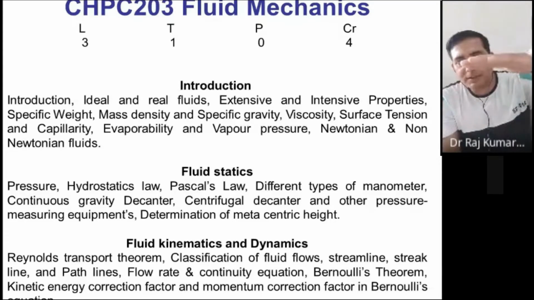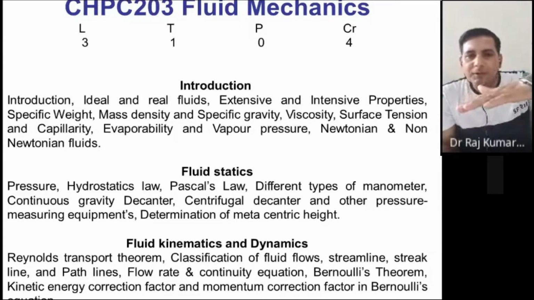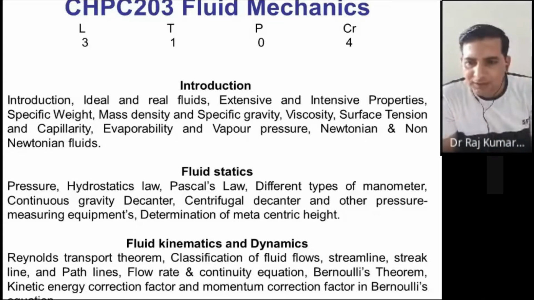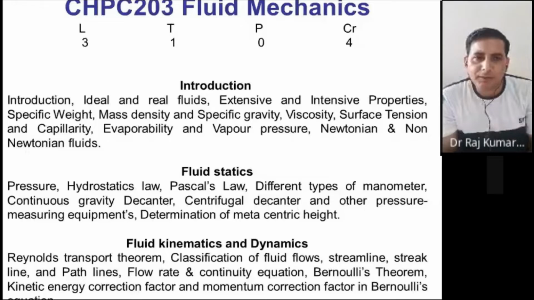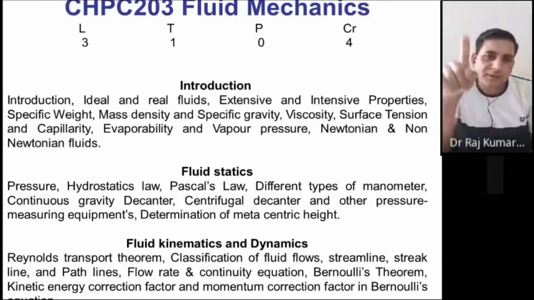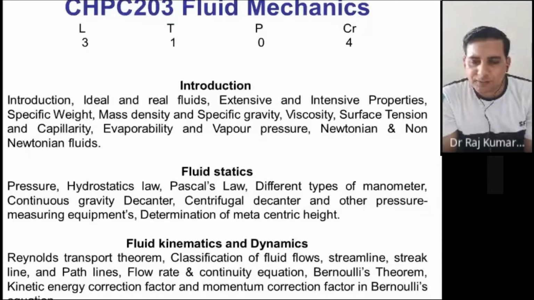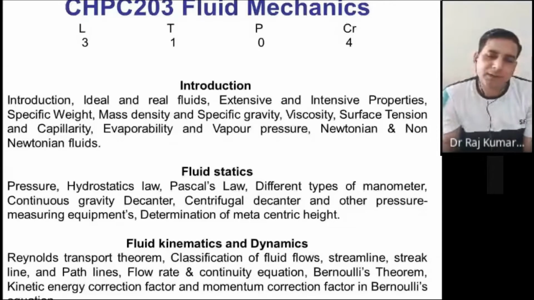If you move vertically, pressure would be different. But if you move in the horizontal direction, there would be no change in pressure. Then you have how to measure the pressure. You might have heard of the manometer. A manometer is just a U tube actually. You connect the device to the two ends of the fluid and you get the difference in the limbs, and that difference would be your pressure actually.